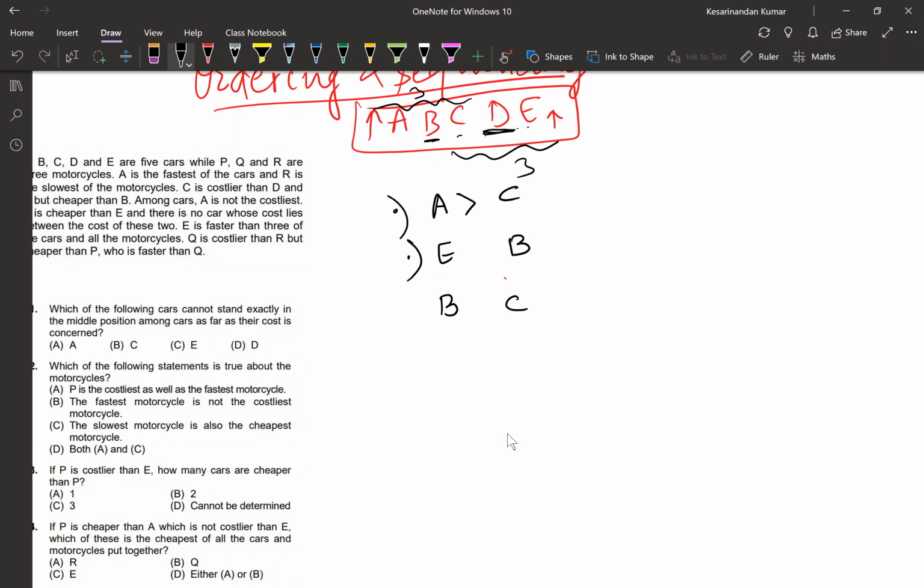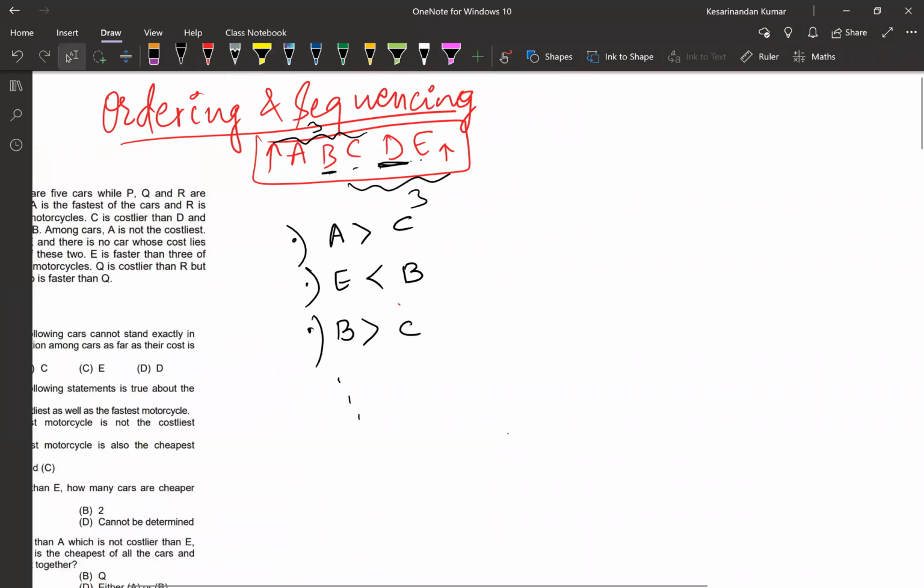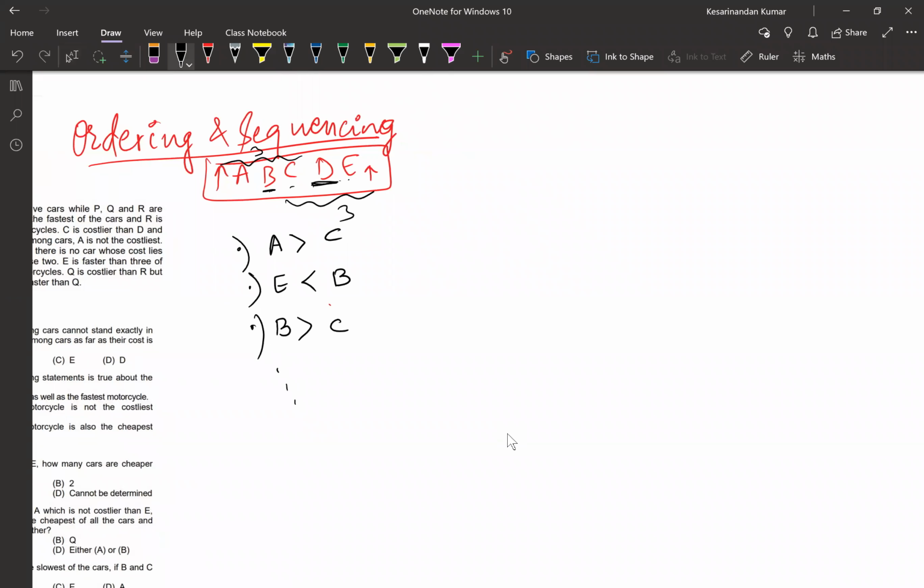Also, B would be greater than E, and again B would be greater than C, and so on. And finally, like we used to do, whenever given five things, how do we interpret the last one, wherein I said the number of people taller than D is equal to the number of people shorter than B?